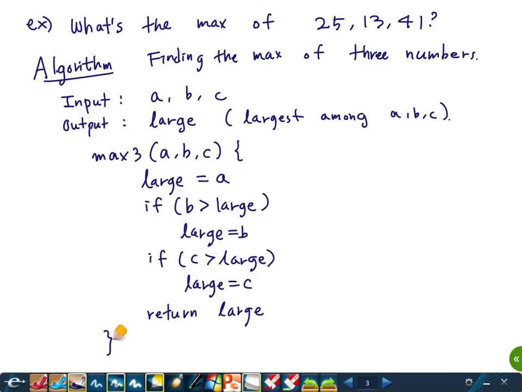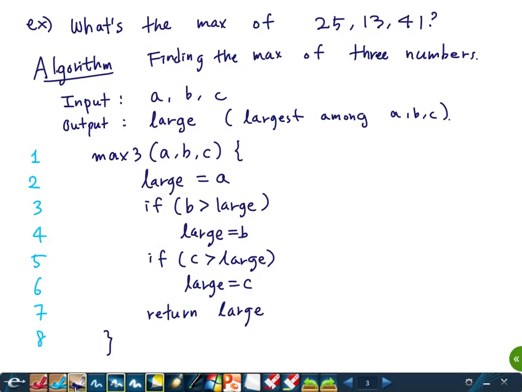So this is the code that computes the maximum number when 3 numbers are given. Then just to make it easy to explain, let me write down the line numbers. So first line, second line. It's not really necessary, but sometimes it's helpful. So it consists of 8 lines of code.